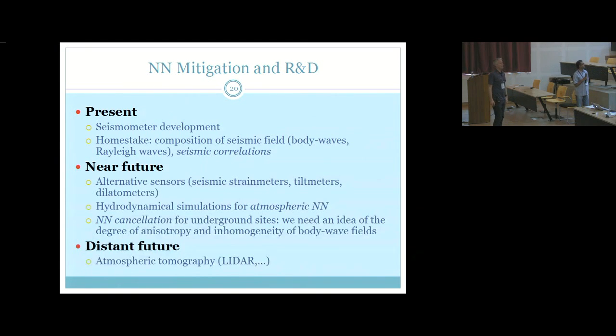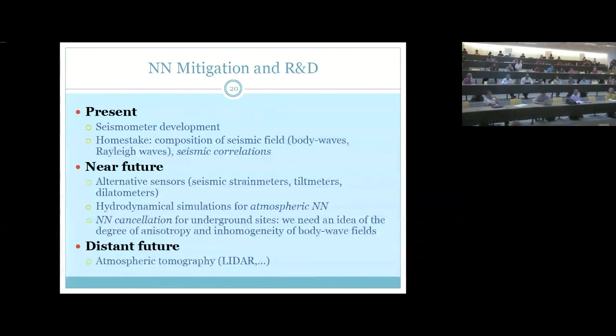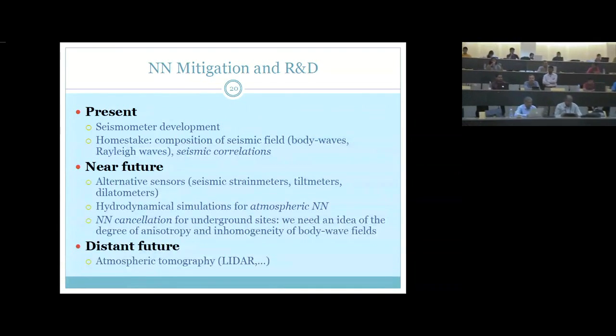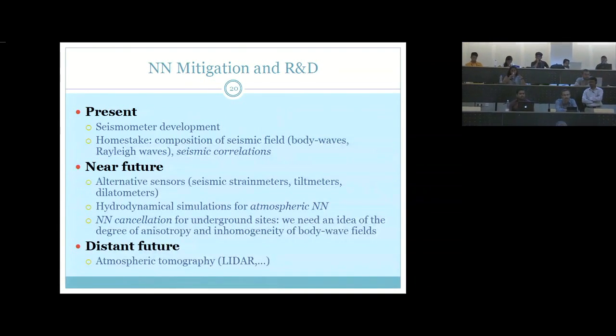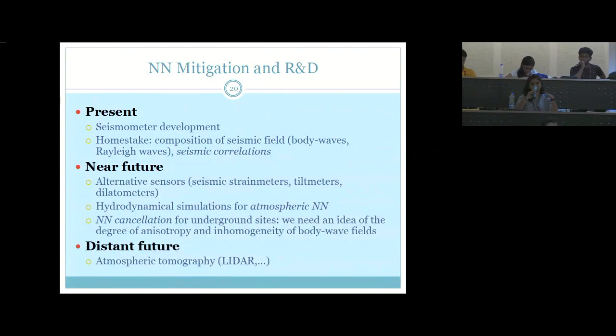You mentioned that for Newtonian noise cancellation, you could use sensor arrays for which you had to model the different sources and characterize them. And you also mentioned that one of the atmospheric Newtonian noises comes from turbulence. So how would you model turbulence? Yeah, turbulence, that's very difficult.